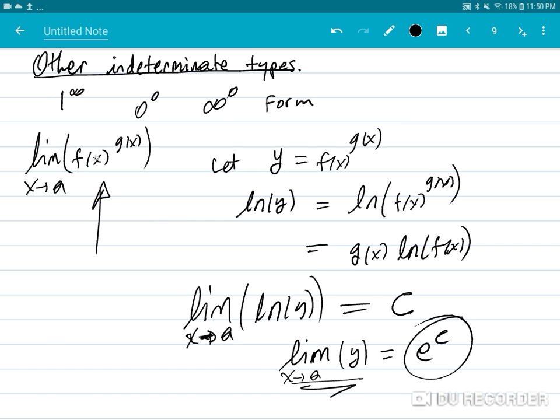In other words, the limit of f of x to the power of g of x will be e to the power of the limit of this expression.